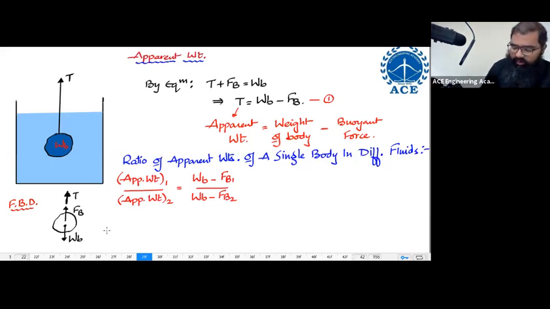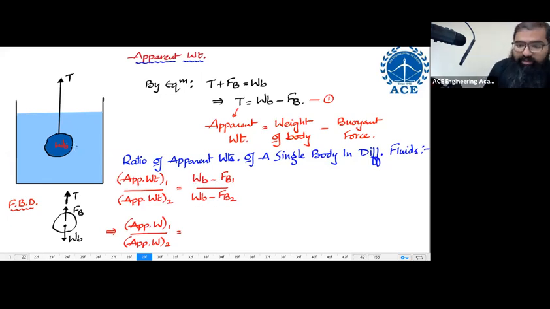This implies apparent weight in 1 upon apparent weight in 2 has to be equal to weight of body minus FB1 upon weight of body minus FB2.